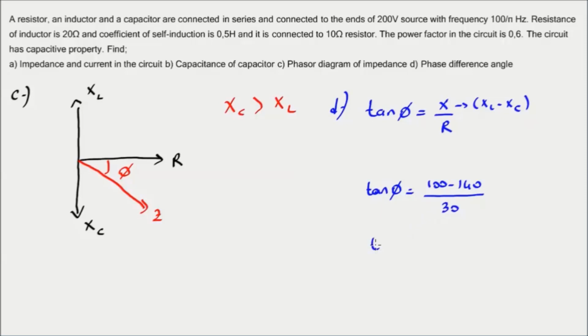Tangent phi is going to be minus 40 over 30, which means minus 4 over 3. So phi equals negative 53 degrees. And it's in the fourth region, so it must be a negative value. So we are correct. Thanks for listening.